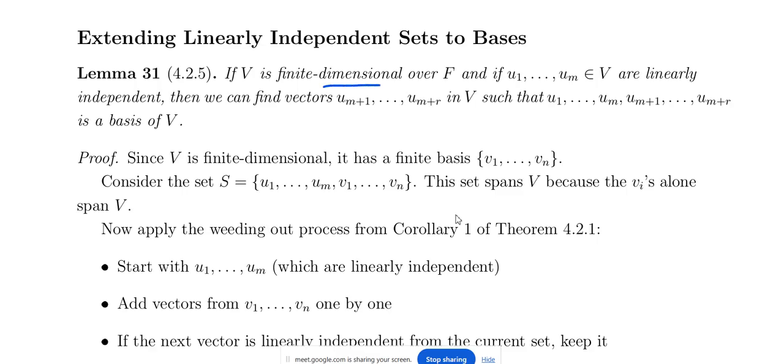So V is finite dimensional over F, and u1, u2, ..., um belong to V and are linearly independent.